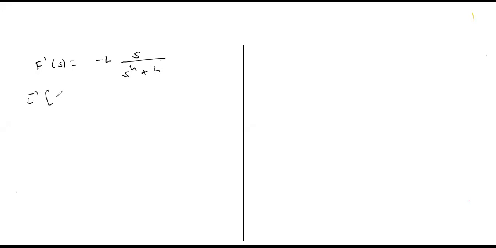So L inverse of f dash of s is equal to minus 4 into L inverse of s by s power 4 plus 4. And L inverse of f dash of s is minus t into f of t.